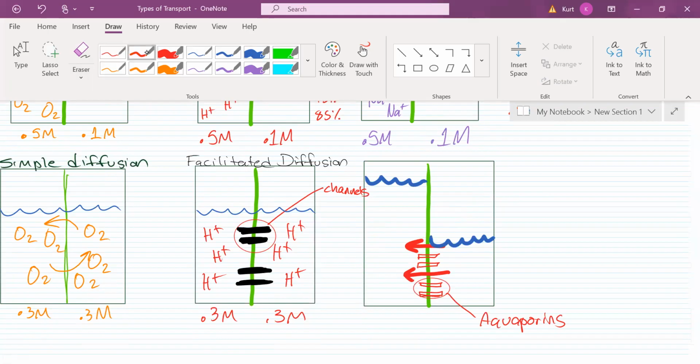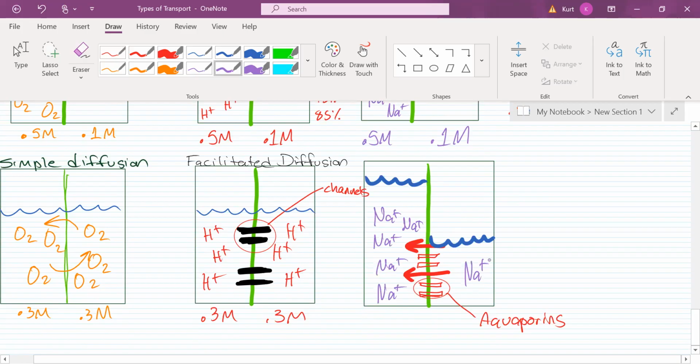And so we have 1, 2, 3, 4, 5. And over here we have 1. Now it's still going to be equal. Remember, we're talking about concentrations and dilutions and all that. So this is still good. This could be 0.3 molar, and this could be 0.3 molar.